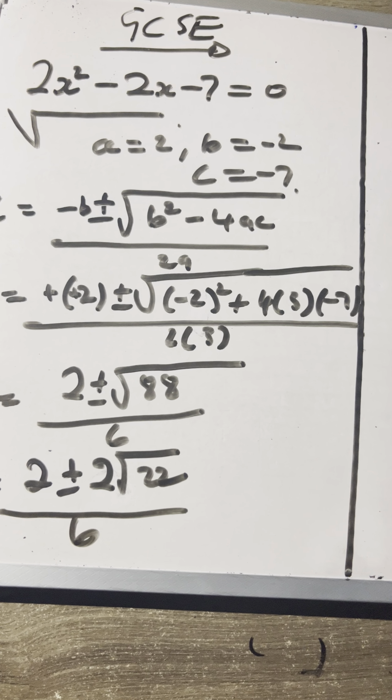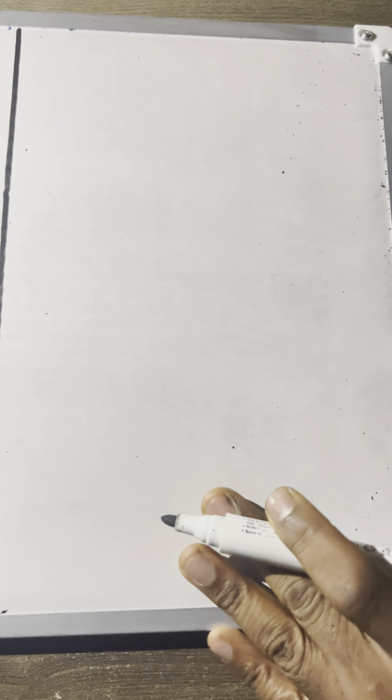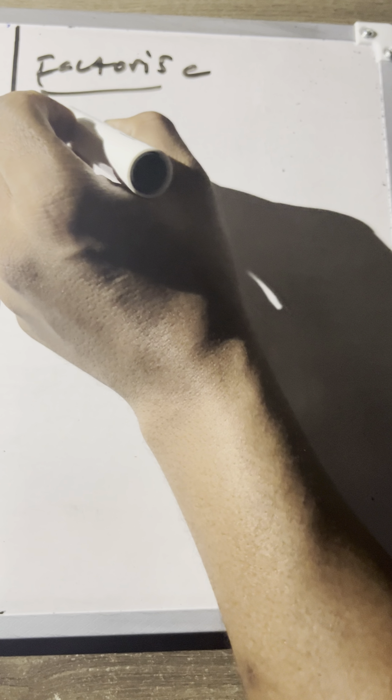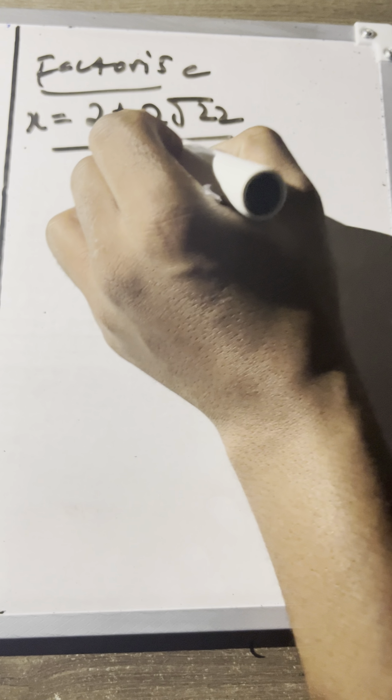Now furthermore to that, let's factorize. We have x is equal to 2 plus or minus 2 square root of 22 over 6.